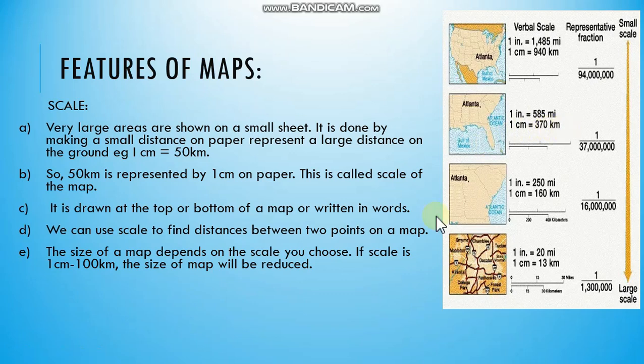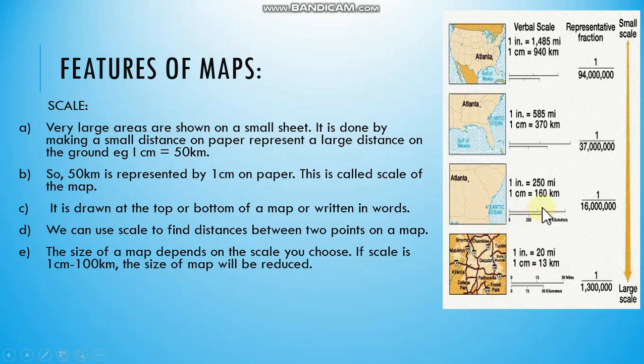And if I decrease this number to 160, we come closer, just like zooming. And if it is more, then 1 centimeter is equal to 13 kilometer. More closer. Now we can see some names of cities also.